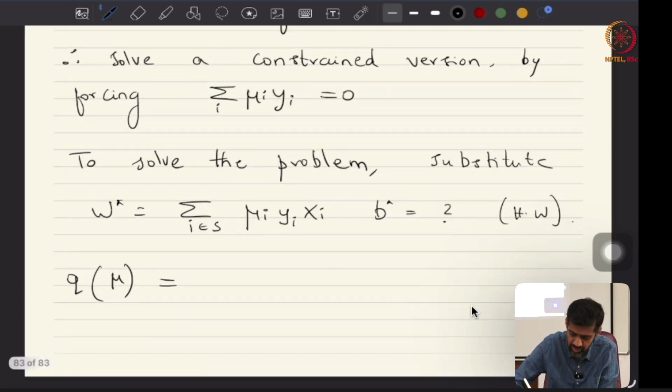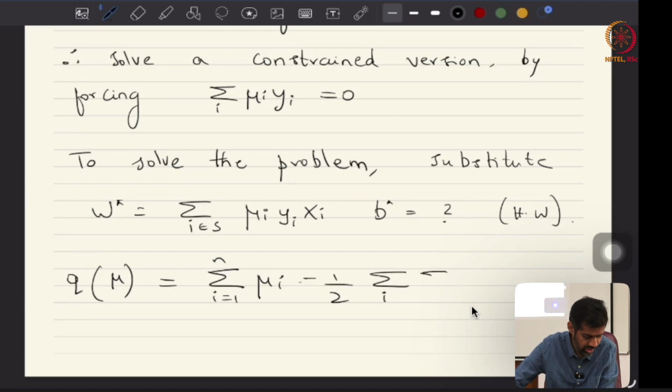It will be a sum over mu i minus half sum over i, sum over j, mu i y i mu j y j x i transpose x j.